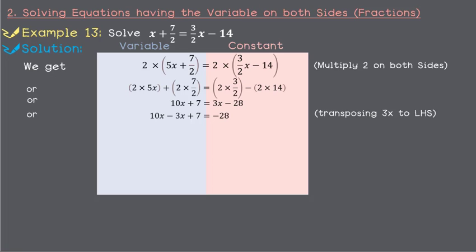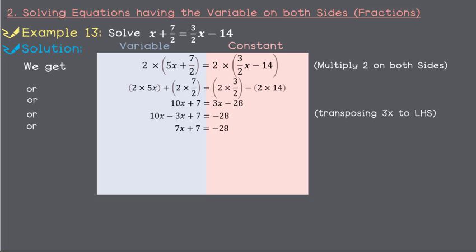So the left hand side of this equation, 10x minus 3x is 7x, and then you have plus 7 is equal to negative 28.